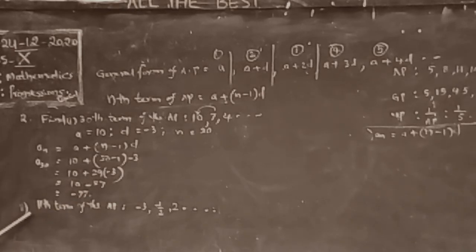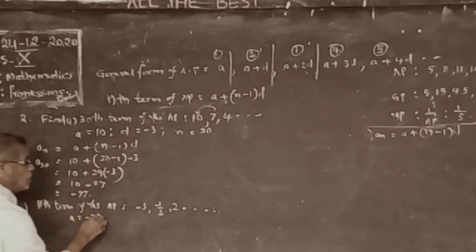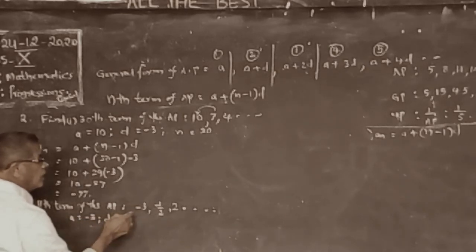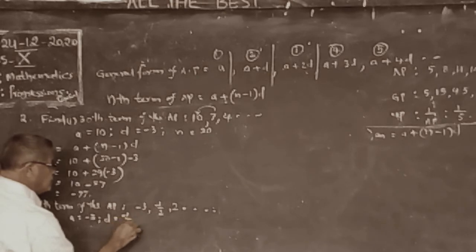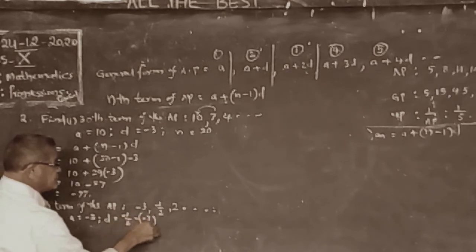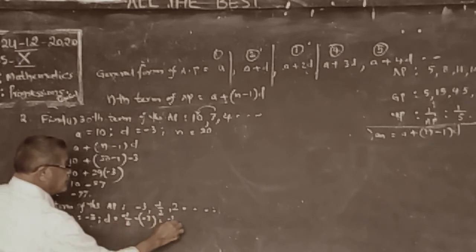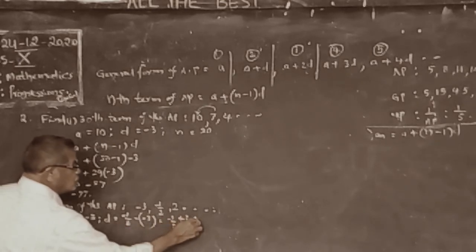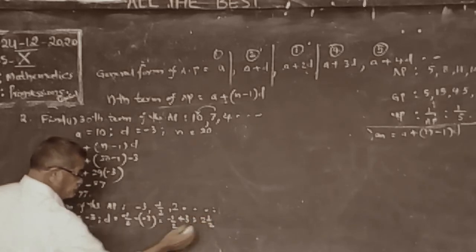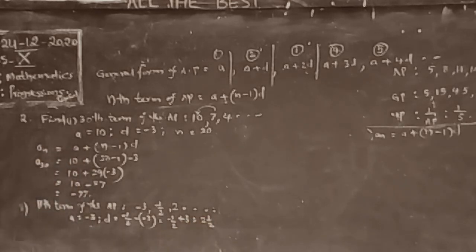In the second question, A is equal to -3 and the common difference is half. -1/2 minus (-3) is 3 minus half, which is 2.5. Orally we can say it.